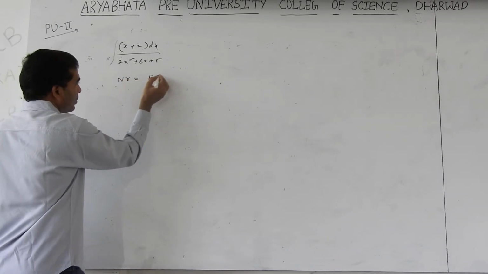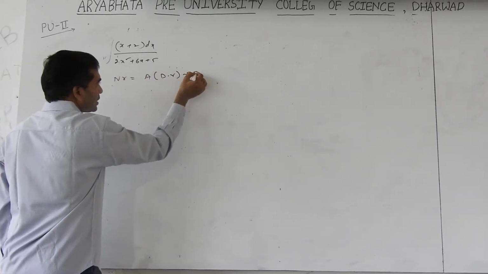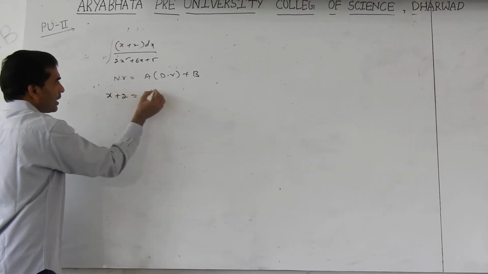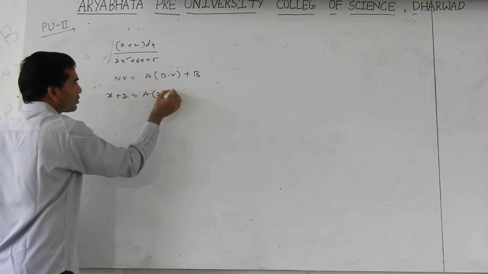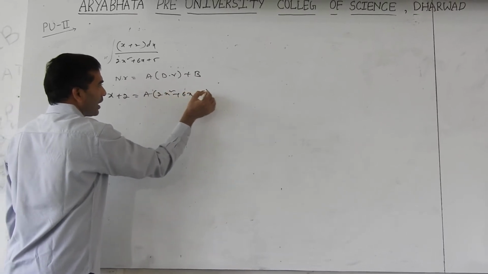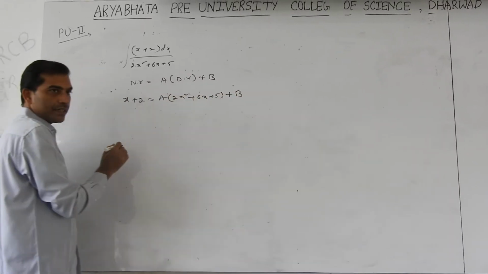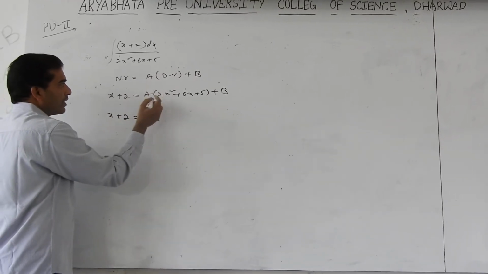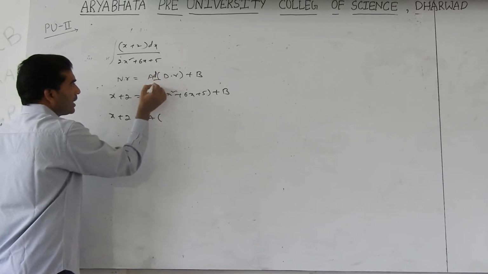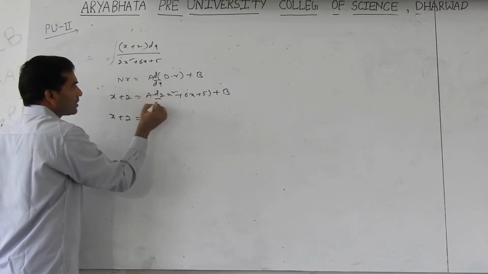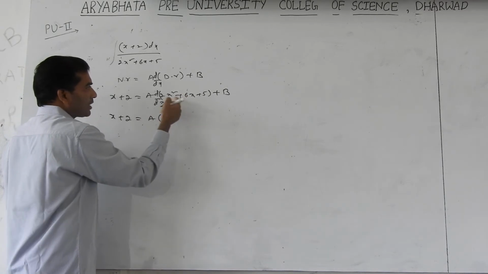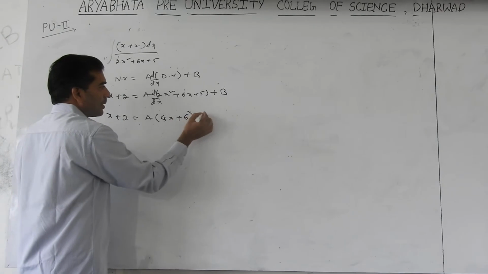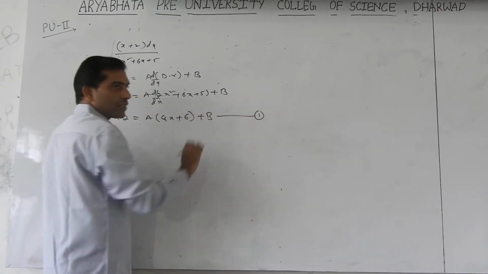The numerator is equal to A into denominator derivative plus B. The numerator, tell me, x plus 2, equals A times the denominator 2x square plus 6x plus 5, plus B constant. Apply differentiation here, d by dx of the denominator. Tell me d by dx of the denominator: 4x plus 6, plus B. This is equation 1.